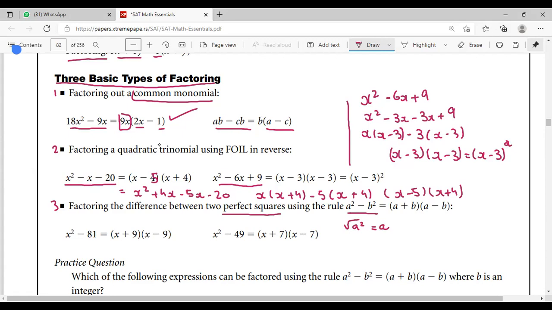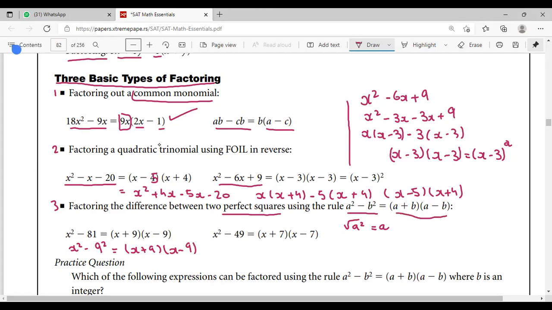So let's say we have x squared minus 81. Step 1 is to know what is the square root of 81. It is 9. So 81 would be 9 squared. Now we have two perfect squares. So I'll have x plus 9 and x minus 9, because we have a plus b and a minus b.